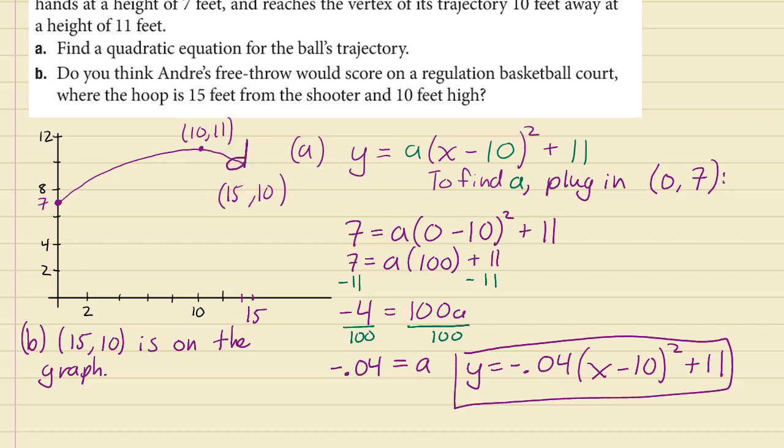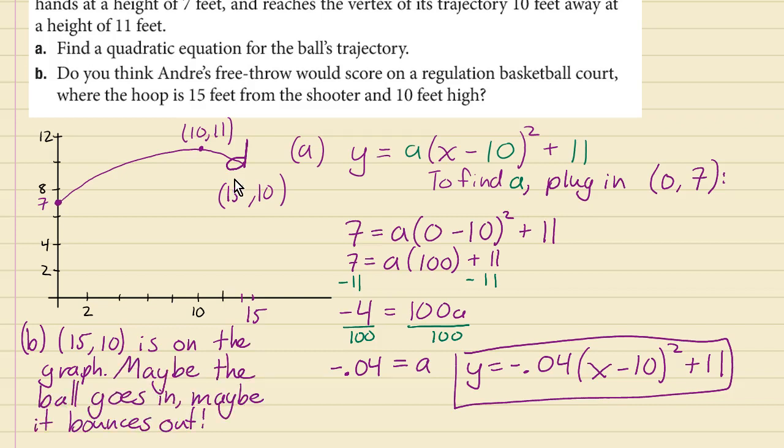I'm sure you've had that happen when you play basketball, and it's very frustrating because it was a perfect shot, but it just bounced right off that back part of the rim. Or it might bounce the right way and go in. You can never tell. It's up to interpretation and how the ball bounces. So I'll leave that up to you. Maybe you can throw a perfect shot that just barely hits the back of the rim and see what happens.